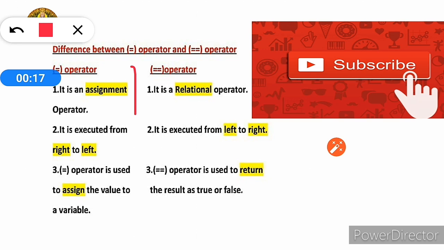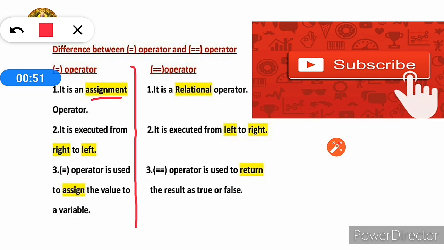One point is already explained in the previous slide: = is an assignment operator, but == is a relational operator. Why is it an assignment operator? Because the assignment operator assigns a value to a variable, and = assigns the value to a variable.